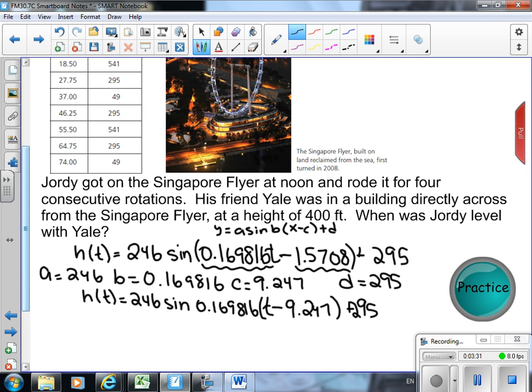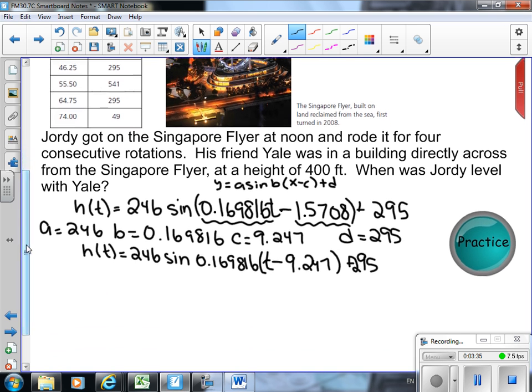What we need to do is figure out at what point will he be at 400 feet, which is our dependent variable, or y. So you're going to use the trace function on your calculator and find that first point on the increasing curve. So as he's going up, where does he reach 400 feet? At what time?